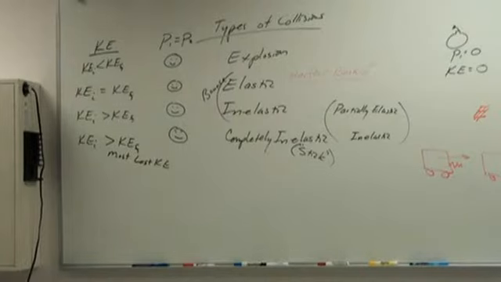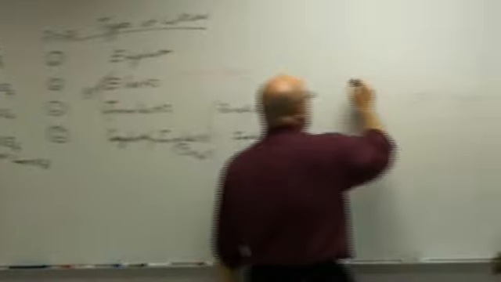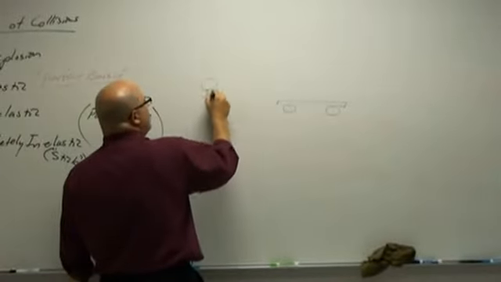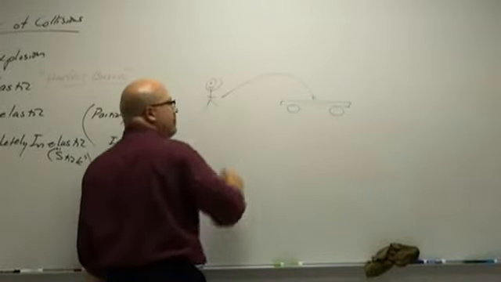All right, so it's time for us to look at some types of problems. We will work on 1D momentum problems today, and then we will do 2D momentum problems Wednesday. Okay, let's say there's a skateboard here, and here's a kid, and a kid runs and jumps on the skateboard.